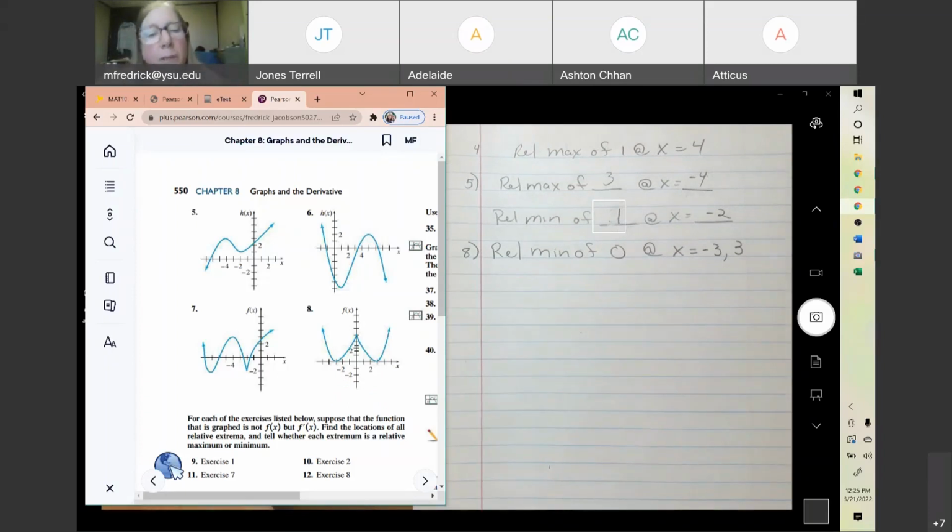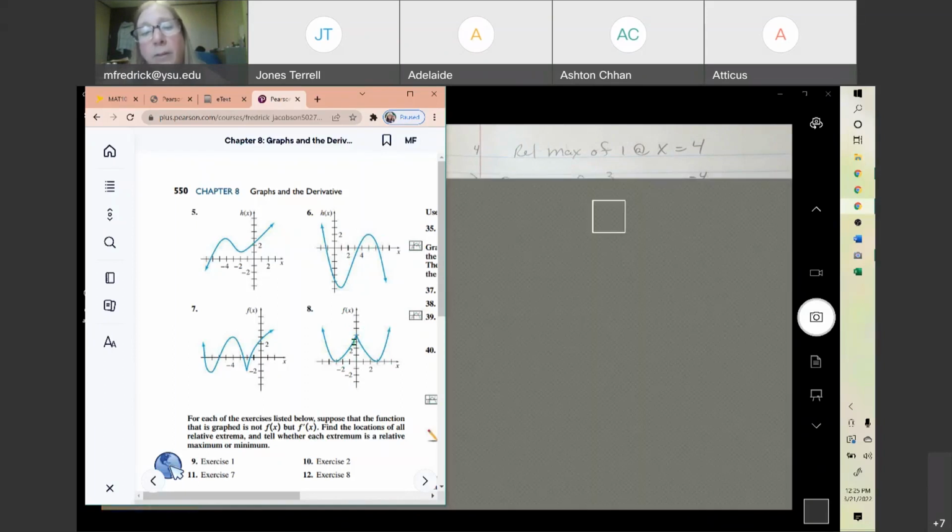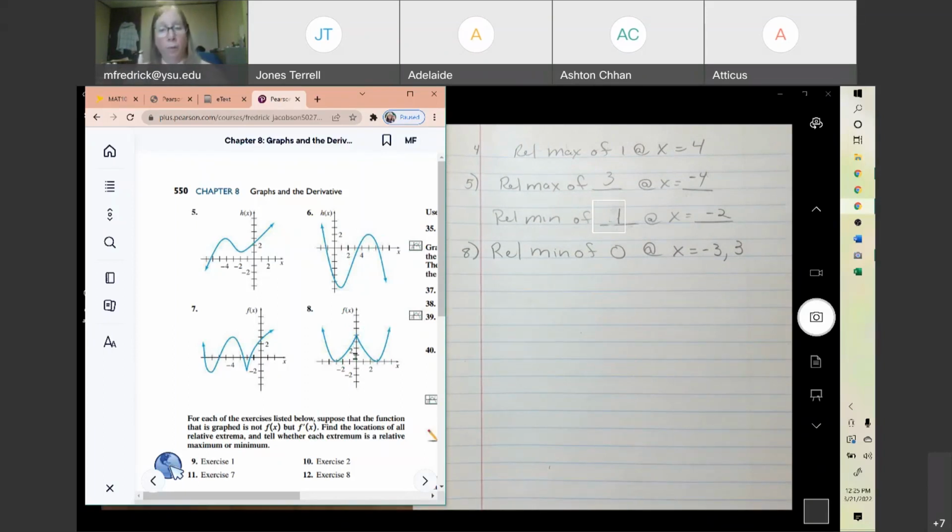Now this one here, even though it's not bending like a parabola, it's at a point, it is still a max because the values around it are lower.